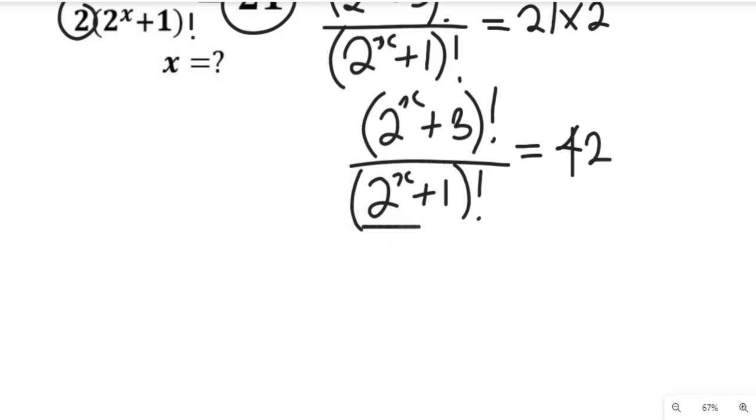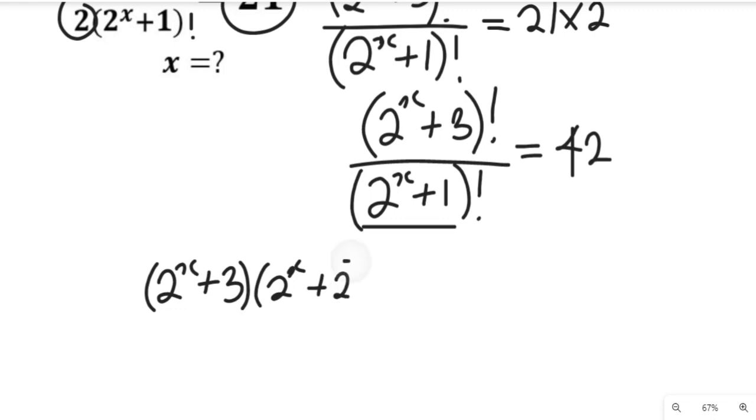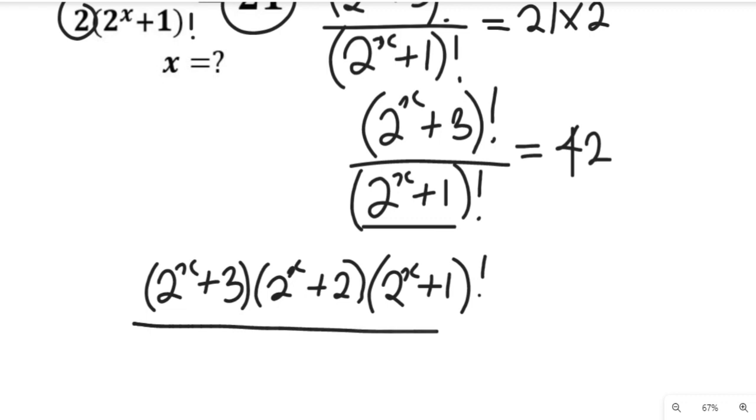So if we reduce the numerator using the principles of factorial, we're going to have 2^x + 3, which is the first product, and then 2^x + 2, which is the second product, and then 2^x + 1 factorial.